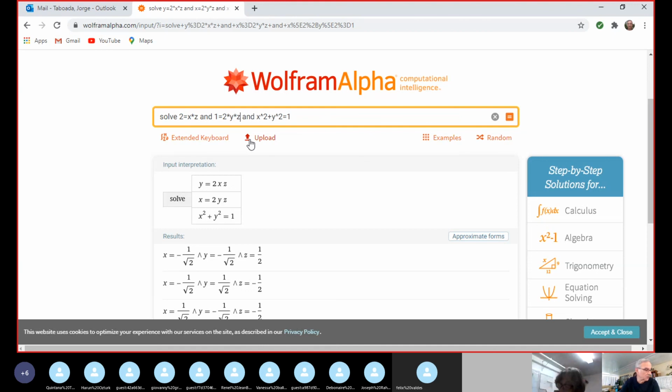And the last equation is x squared plus 4y squared equal 4. Don't forget times. If you don't put the times, maybe Wolfram Alpha is nice and doesn't warn you and gives you a stupid answer, right?